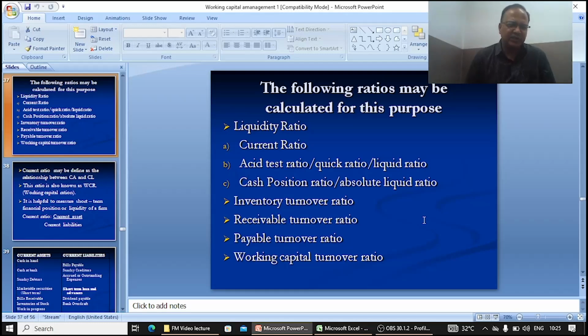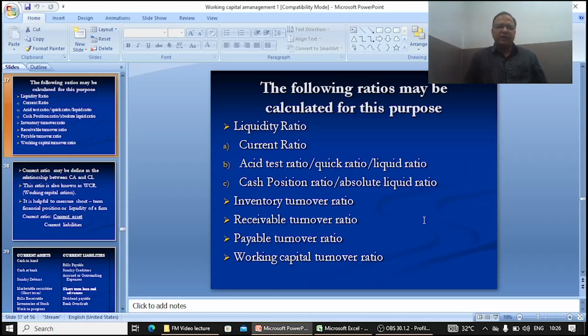And what is the significance of these ratios? By calculating these ratios, we check the efficiency of the management. If these ratios show a good picture, that means management is highly efficient.